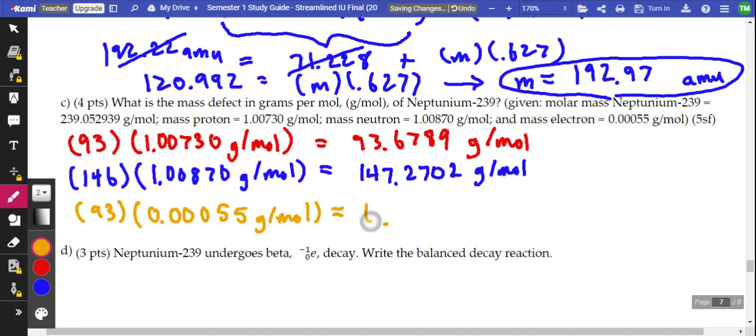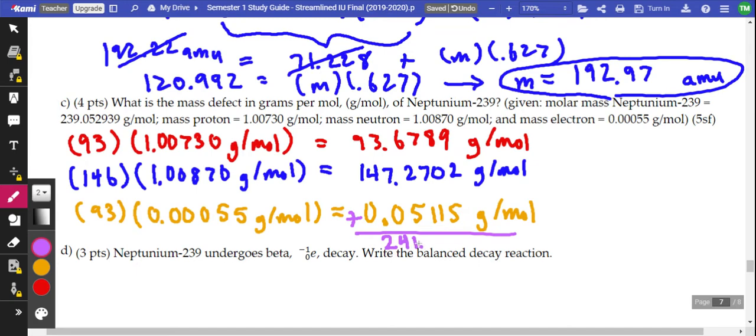Okay, so 0.05115 grams per mole is what I need. So let's add all that up. 0.05115 plus 147.2702 plus 93.6789 gives us a mass of 241.00025 grams per mole.